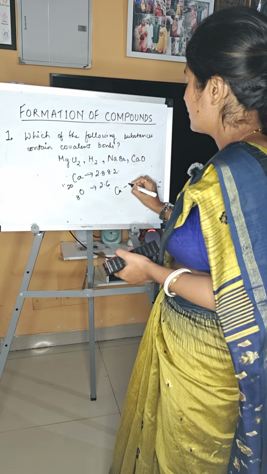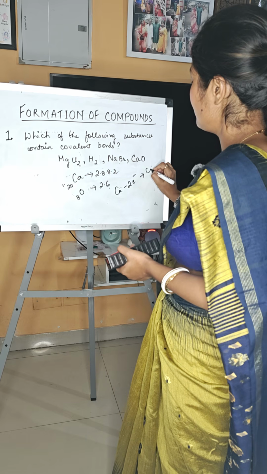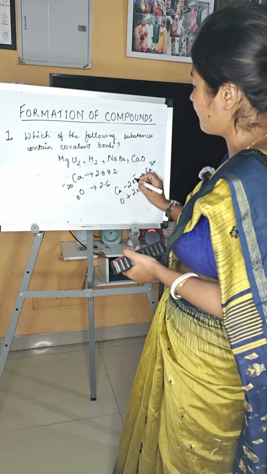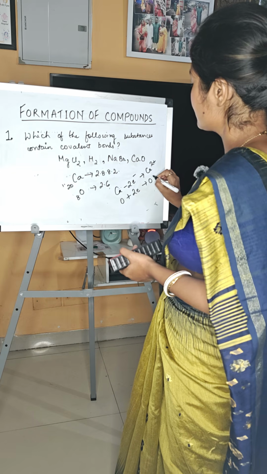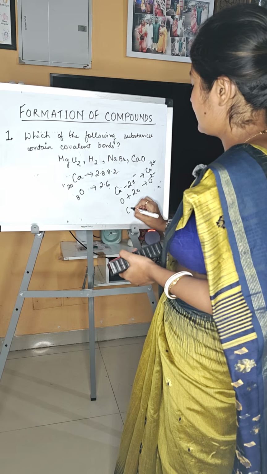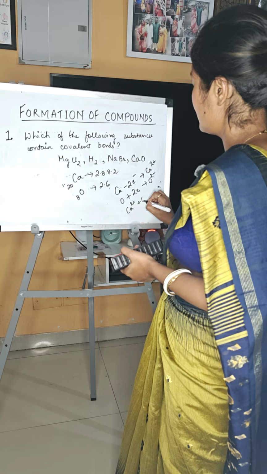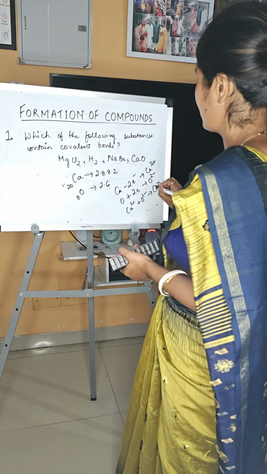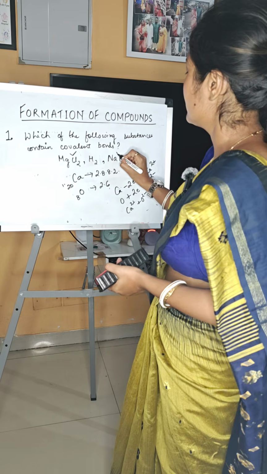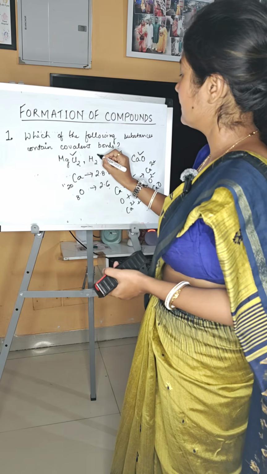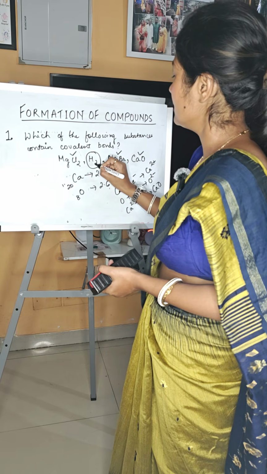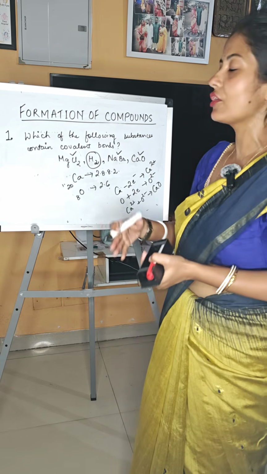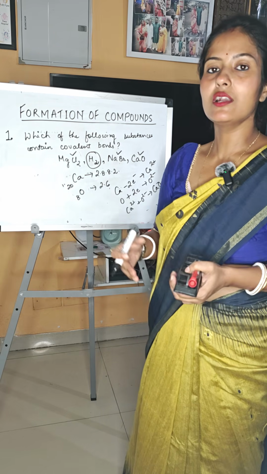So calcium donates 2 electrons to form Ca2+, oxygen accepts these 2 electrons which have been donated by calcium and forms oxygen anion, and these 2 will be joined together to form an ionic compound. So these 3 compounds are ionic, and only this compound, hydrogen, has a covalent bond, it is a covalent molecule. So this is how you find out which of the bonds are ionic and which are covalent.